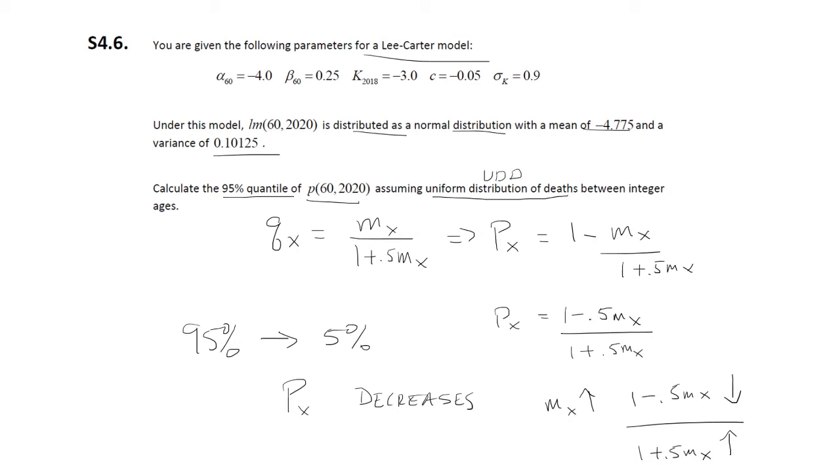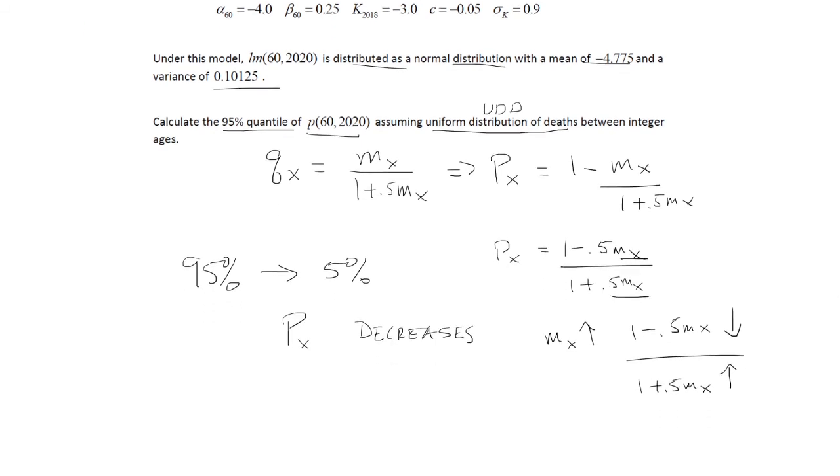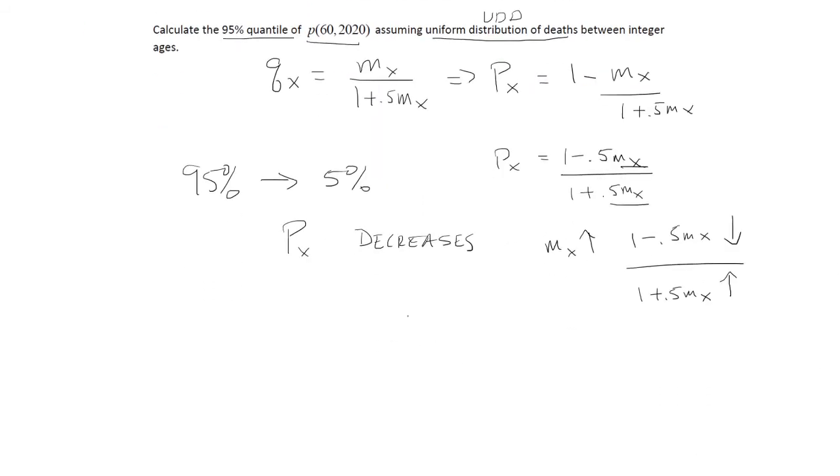So the next step is to find out what mx is going to be. Let's write it like this. We're looking for the quantile. Now it's going to be the 5th percentile of P60 2020.